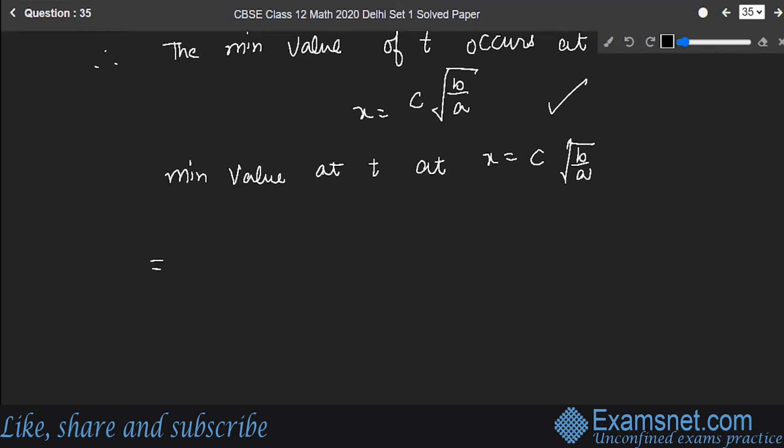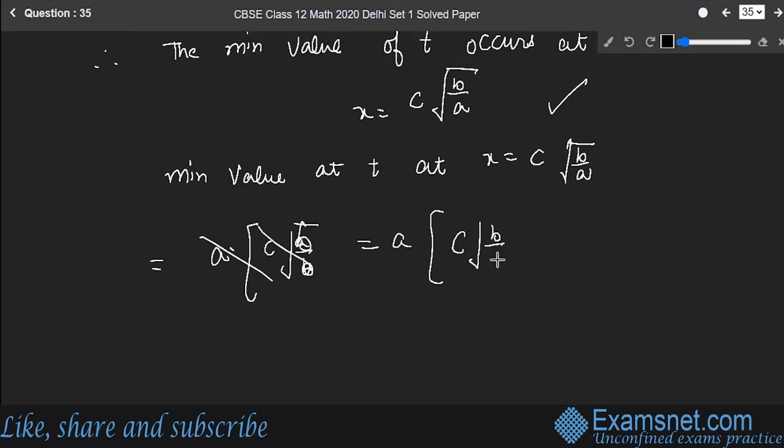Minimum value of t at this point is given by a into x. Sorry, it was b upon a. So a into c root of b upon a plus b into x square, which is c square upon c into c upon this. Okay.